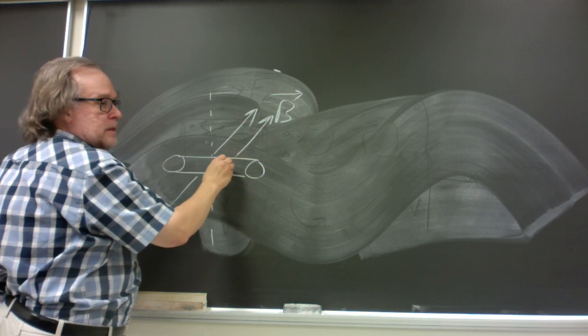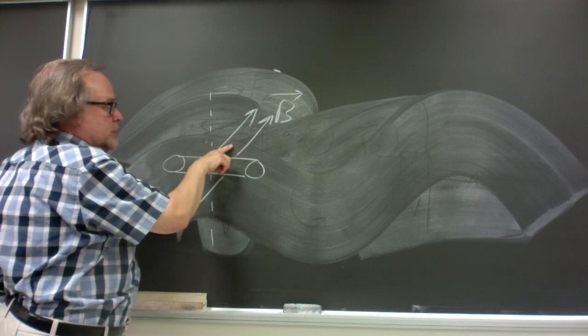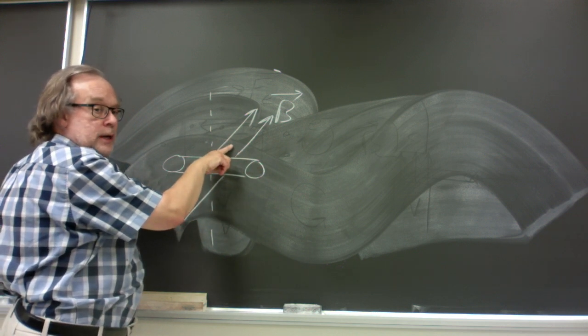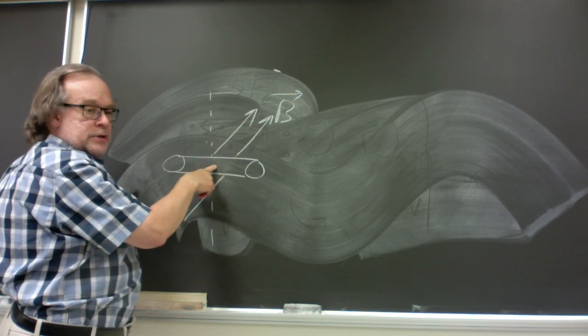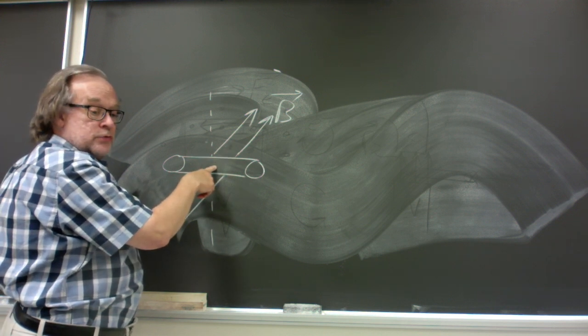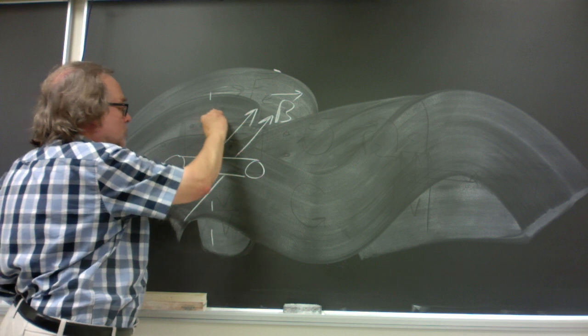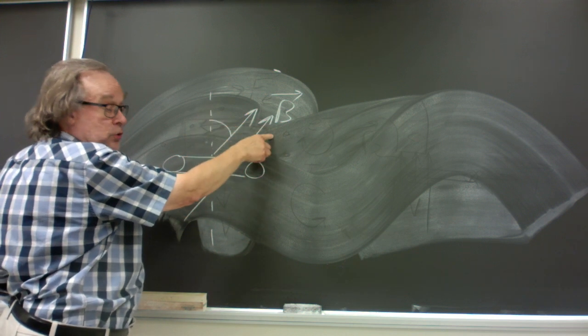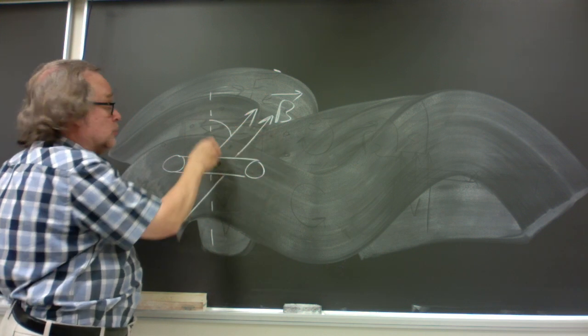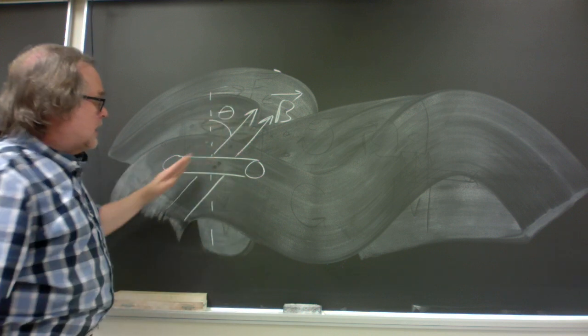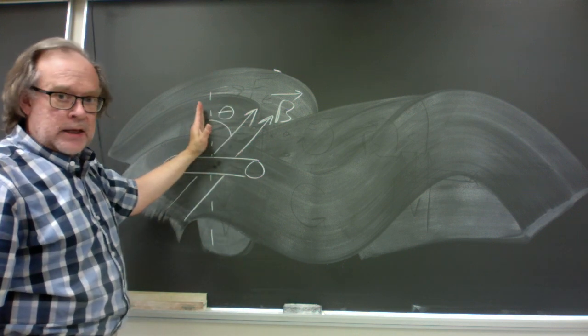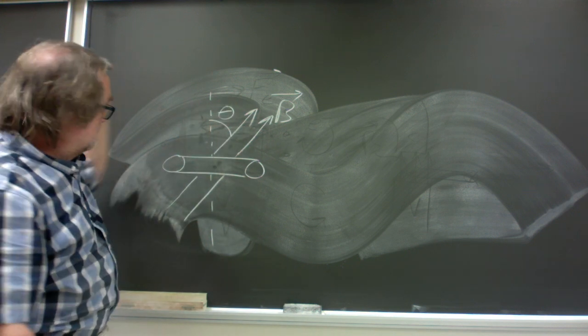So then we take note of the direction of the field with respect to the orientation of the loop by looking at this angle here, the angle between the field and the axis of the loop.